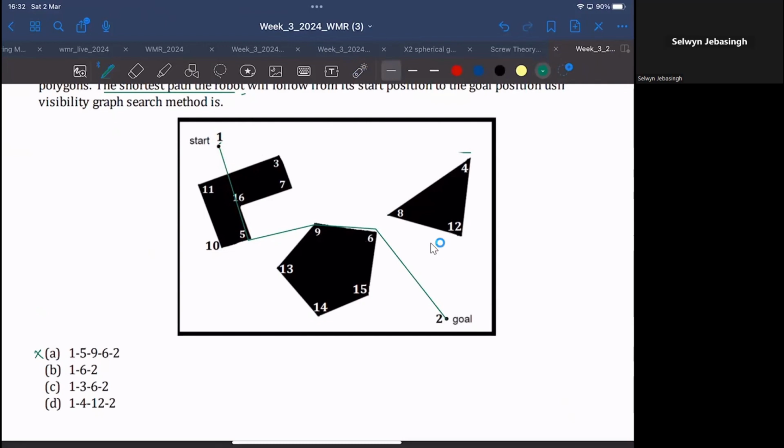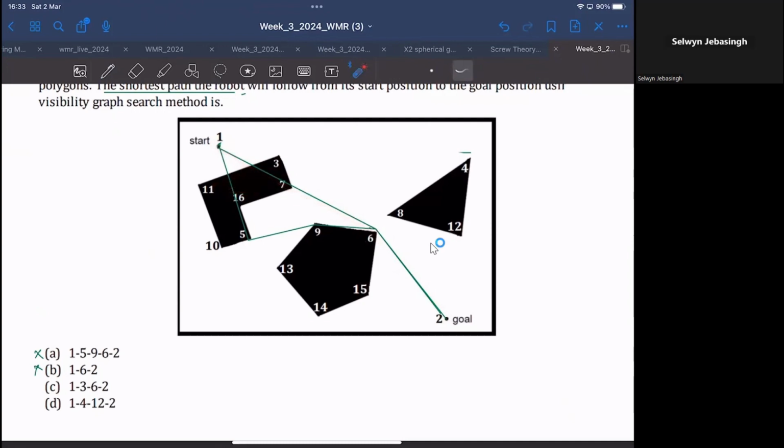Second option says 1, 6, 2. So this is 1, then where is 6? 1 to 6, then 6 to 2. Is that also correct? Again, that is also not correct, because 1 to 6 means it again will have to go through this obstacle.